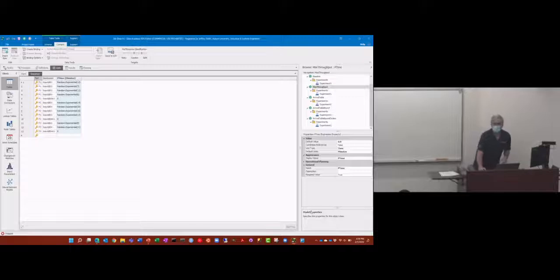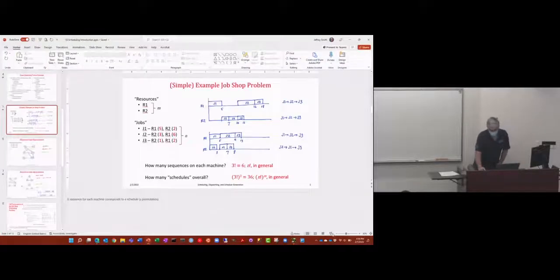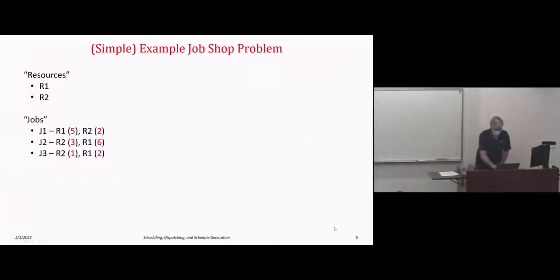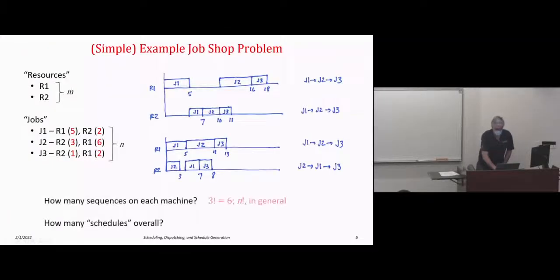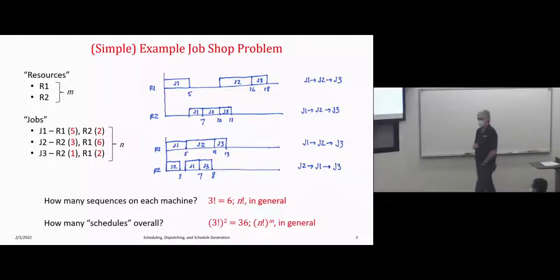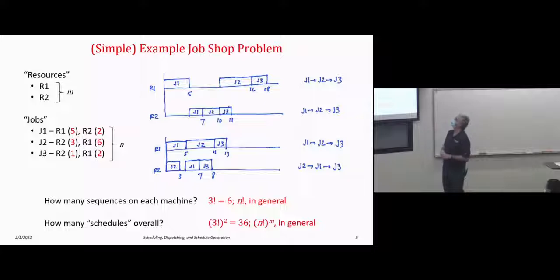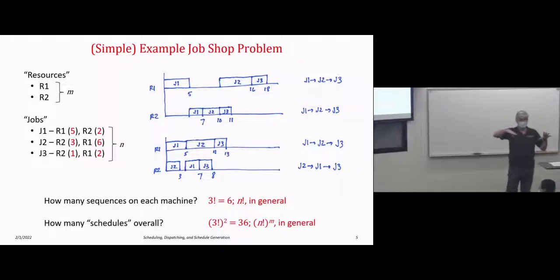Okay? Anything else? Okay, so I'm going to pick up and talk a little bit more about scheduling here. Kind of ended up really flying through schedule generation. But basically, we were talking about this notion of a simple job shop problem. And a job shop problem is characterized by having different entity types that can essentially have random flows through the system.